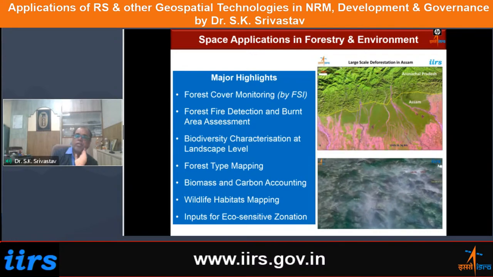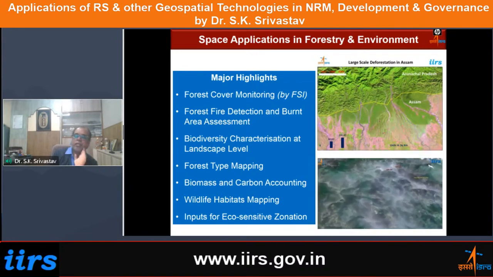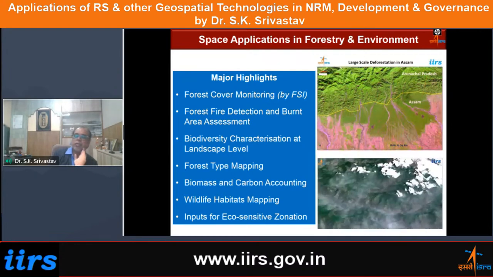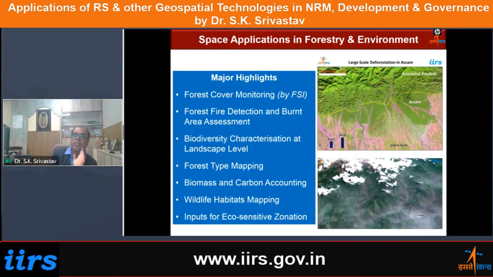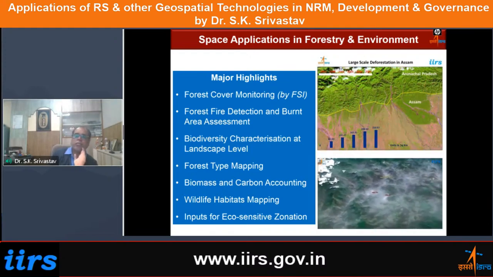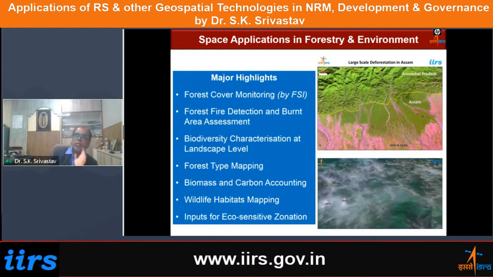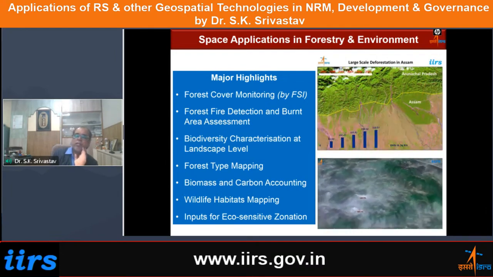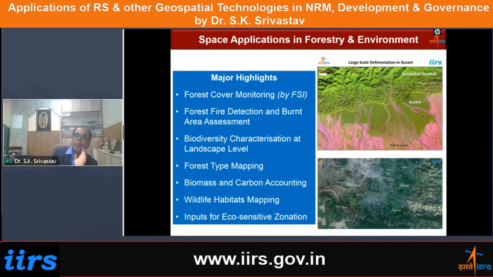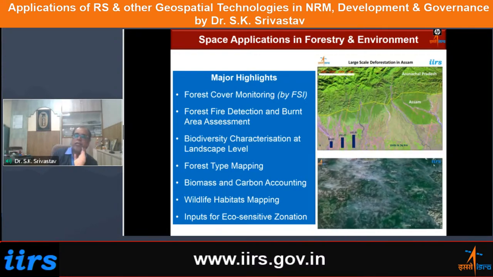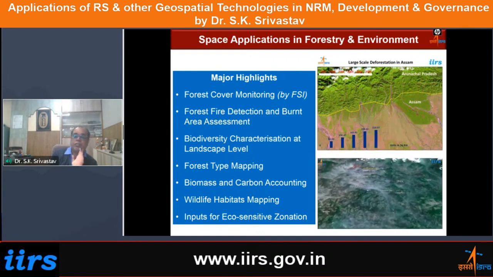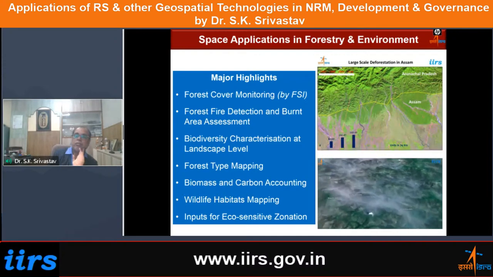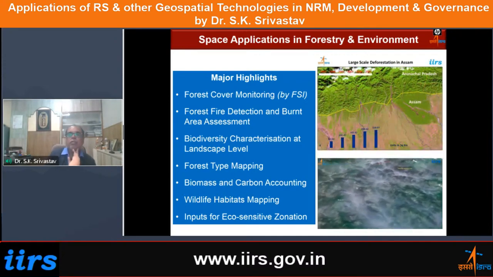If anybody sees a forest fire in any given area, one takes a picture and automatically through that mobile application the location is recorded, the photograph is taken, and any textual information can be provided. Once the data is sent, it goes to the central server, where the responsible people monitoring the forest fires can immediately take action on the ground. So this is another way of using geospatial technology, wherein the mobile application comes very handy.